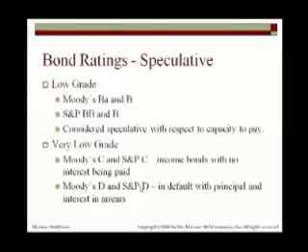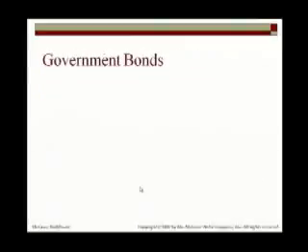They failed to warn investors of the actual risk in the bonds, investors bought these bonds, and then when things went bad, the bond rating agencies rushed in and lowered the rating, kind of like closing the barn door after the horse is out. So Congress has been after these rating agencies, and there's a pretty good chance that this whole system will be revised. So don't get too attached to this system, but that's what it is right now.